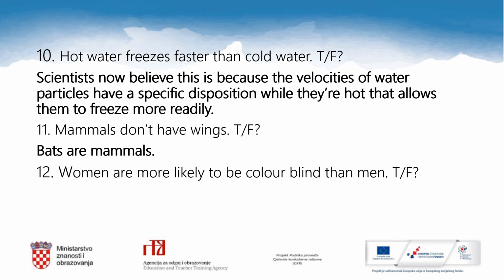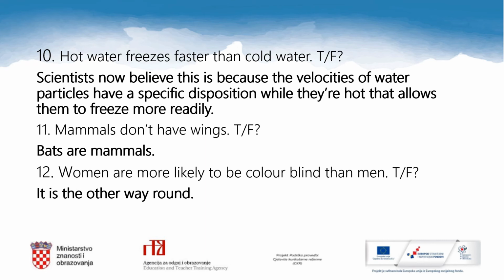And the last one. This one is going to tell us who the winner is. Leah, women are more likely to be colorblind than men. What do you say? False, I'm sure. Women can't be colorblind. How else would we go shopping? And this one, Leah, is true. It is the other way around.